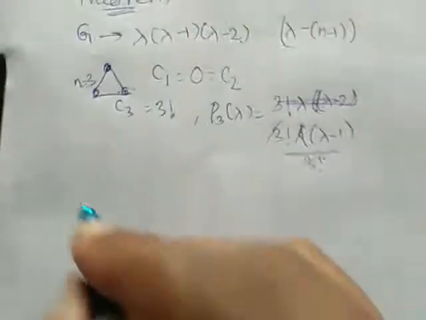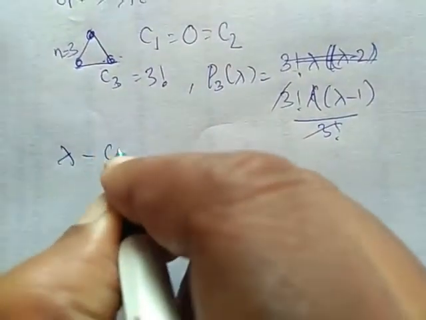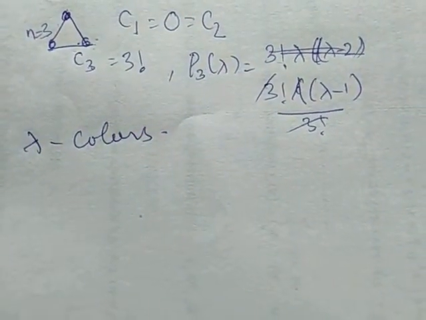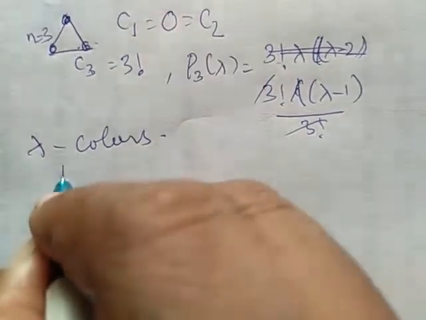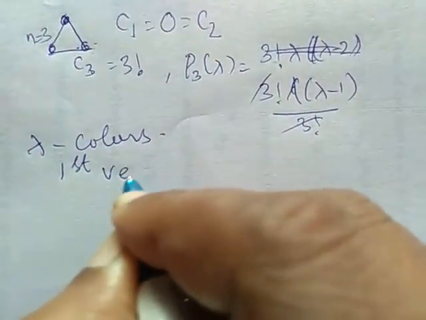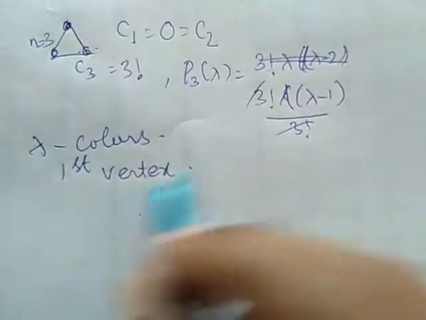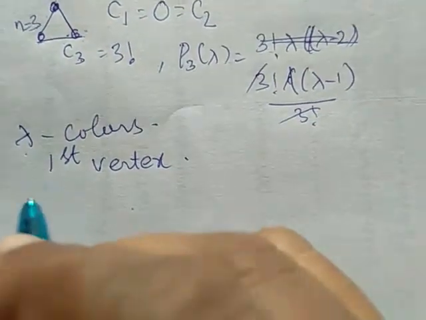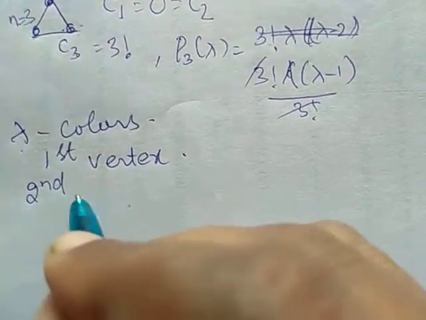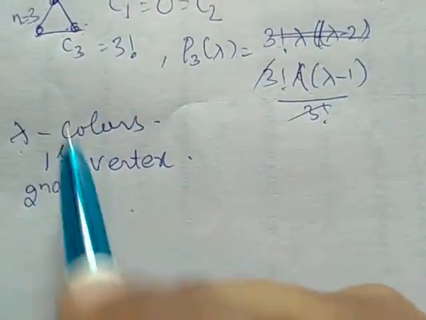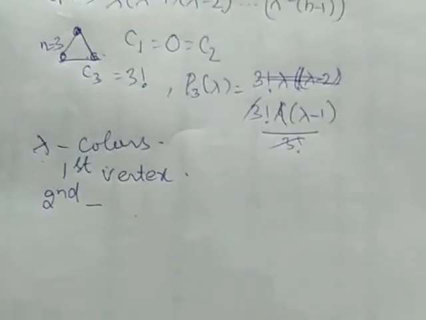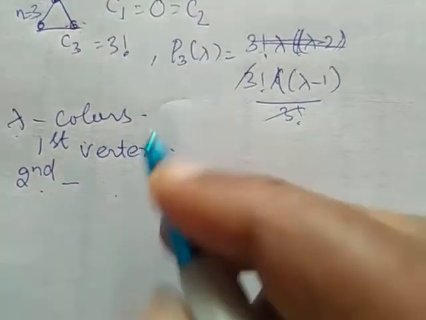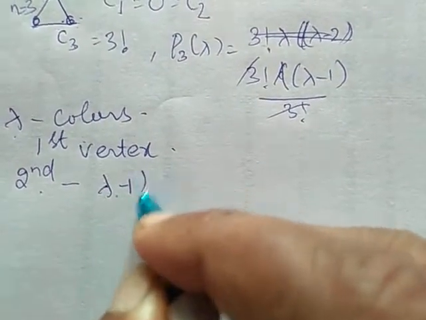Here, we are having lambda number of colors. In lambda different ways, we can color the first vertex. When we color the second vertex, we cannot choose the first color, so we can color the vertex in lambda minus 1 ways.